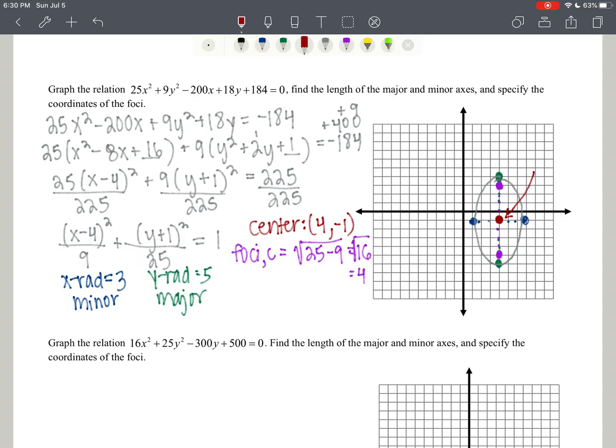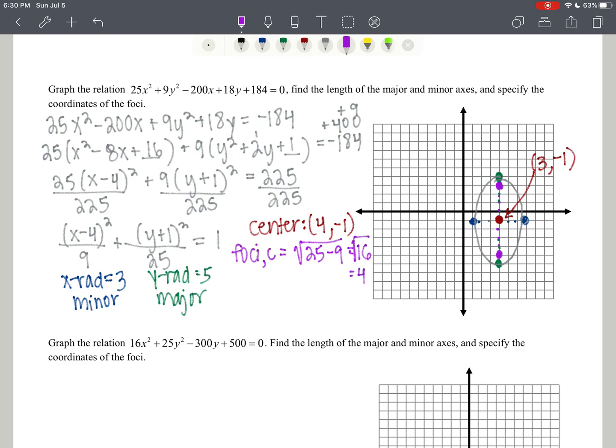So our center, which was at (4, -1). Did I do this right? I did. Yep, okay, just making sure. Okay, we've got that, and then we're going to go up 4, so (4, -1).